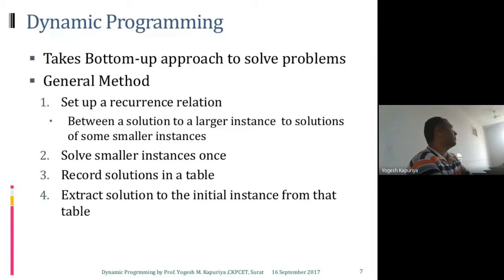Whenever you are going for either a top-down approach or a bottom-up approach, you must first understand what the relation is. You must understand that Fibonacci of n is actually Fibonacci of n minus 1 plus Fibonacci of n minus 2. You must understand that factorial of n is actually n into factorial of n minus 1. That is called a relation.